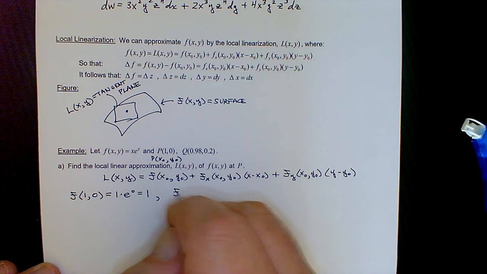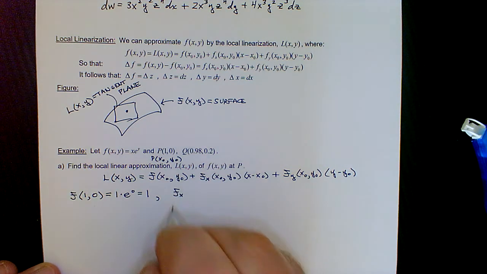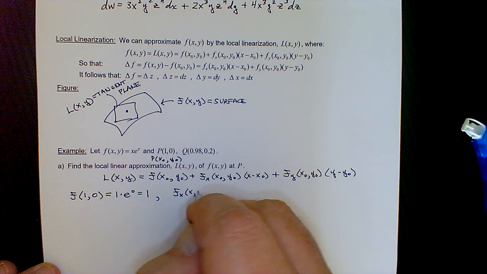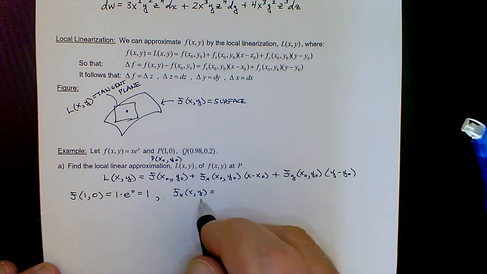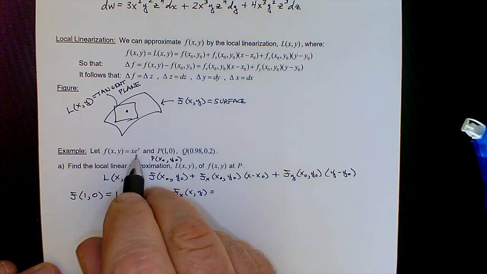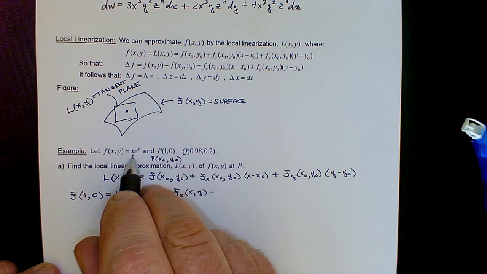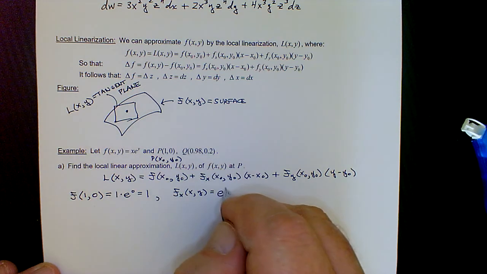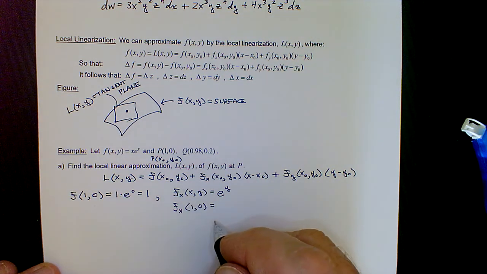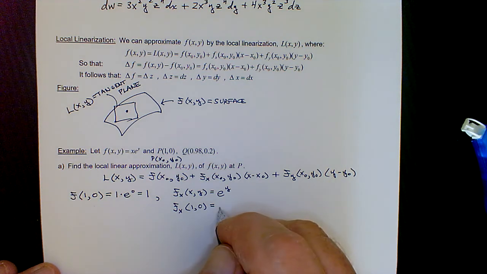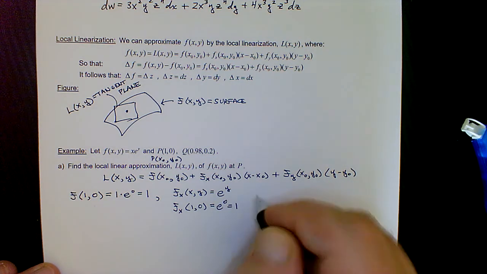So f sub x of xy is, okay, we're going to find the partial with respect to x, so y is held as a constant, derivative of x is 1, e to the y tags along, and then evaluate that at the point 1, 0. And this means that x is 1 when y is 0, so e to the 0, which is 1.